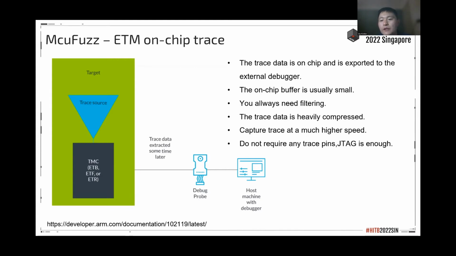In order to prevent data from being overwritten, you always need to set the trace filter. To save buffer space, on-chip trace data is usually compressed, and you need to parse it manually. However, on-chip mode also has benefits. It will be much faster, and it only needs the JTAG interface.